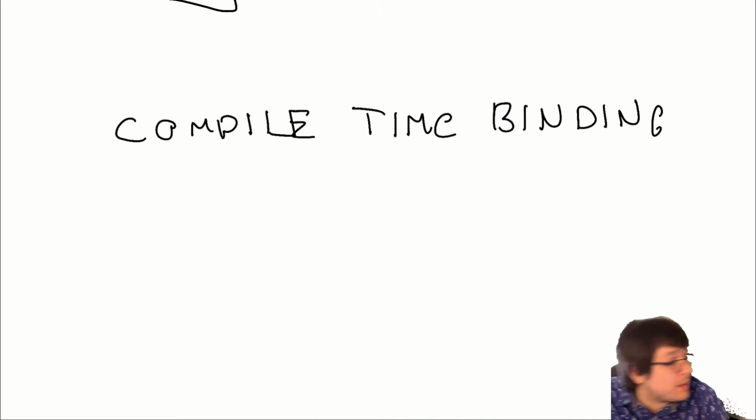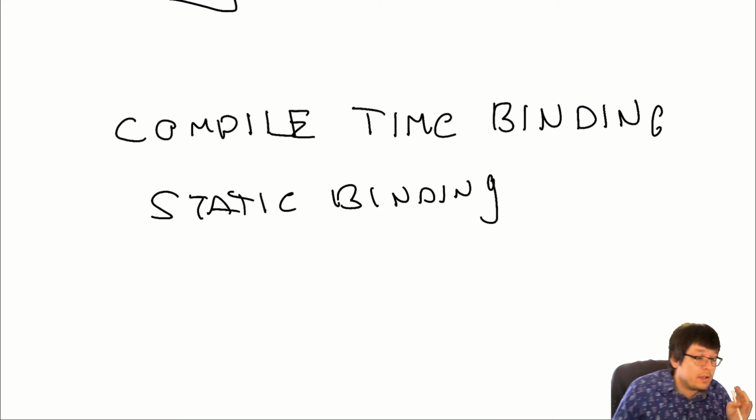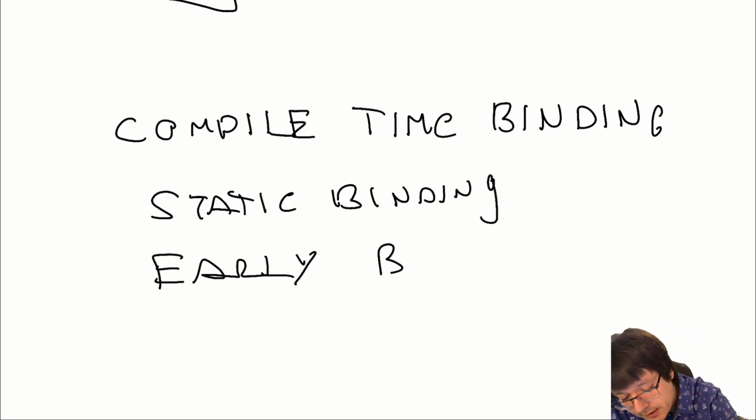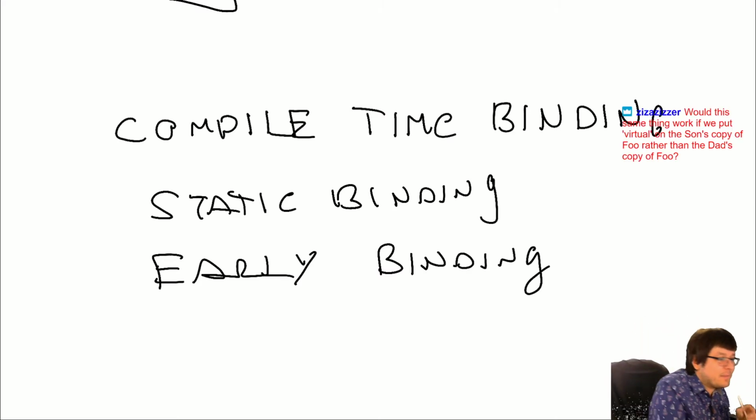So compile time binding is also known as static binding because I suppose the word static means it doesn't ever change. So it's always going to be that call, no matter what the object is, which would cause problems. Another nickname for it is early binding, I suppose because it happens early, at compile time.